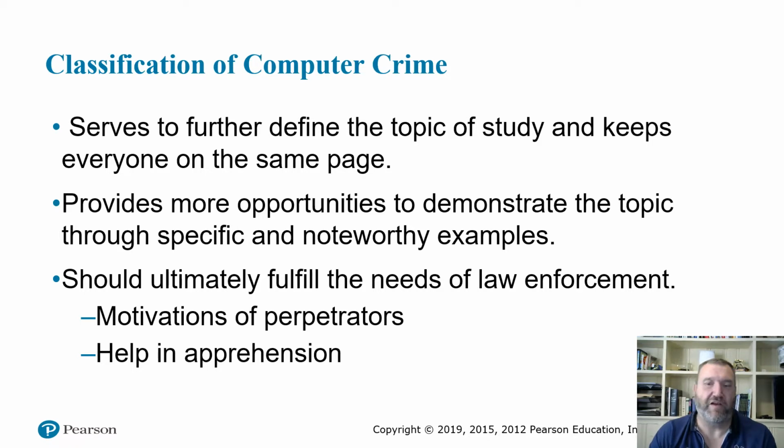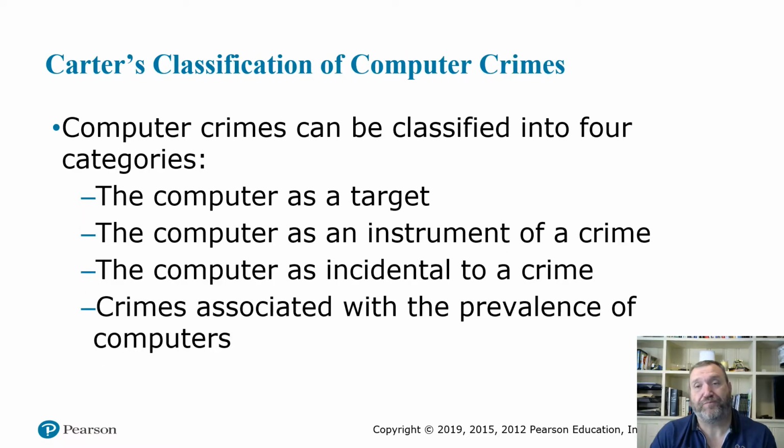And this allows us to now look at, in this new classification of stages, the motivations of the perpetrators. These should be helpful to us in apprehension. If we understand why people do it, we can add protection, but we can also maybe provide some type of mechanism to stop people from doing cyber crimes or computer crimes, give them another choice, as we did in choice theory, of a path to take where they don't get themselves into trouble.